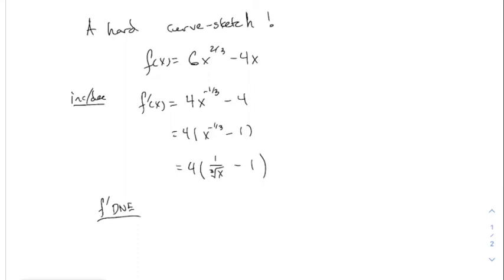Any value of x makes the denominator 0? Actually, you can have negative numbers inside a cube root. You can't inside a square root, but it's not a big deal. The negatives don't matter. 0 in the denominator is the problem, though. What x value gives you 0 in the denominator?